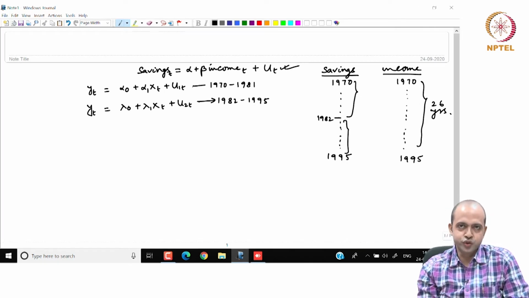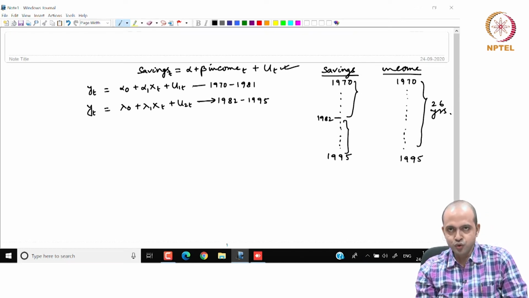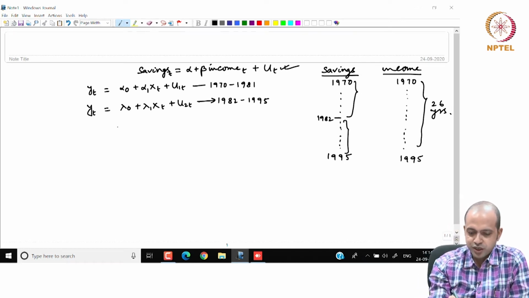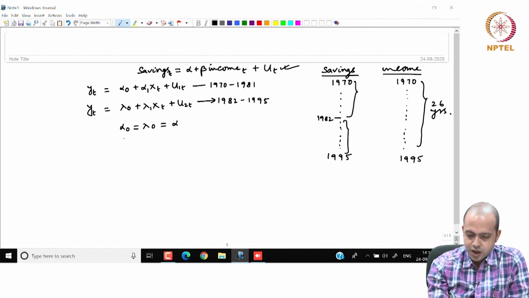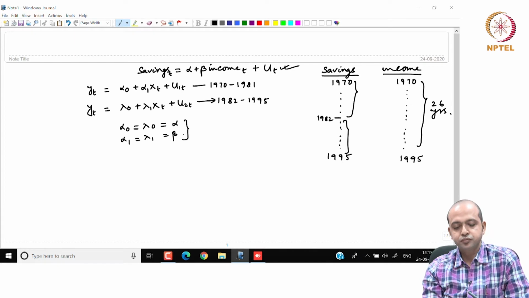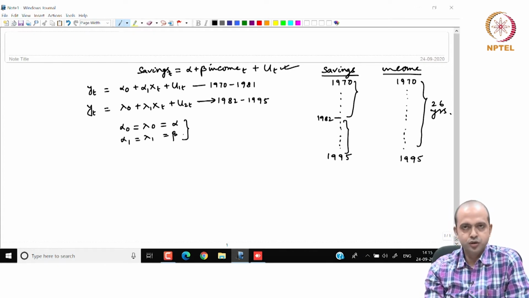That means, when you are assuming that there is no structural break, we are basically assuming that alpha 0 equals lambda 0 equals alpha, and alpha 1 equals lambda 1 equals beta. This is the restriction that we are imposing.